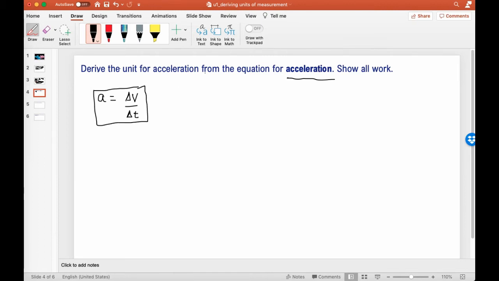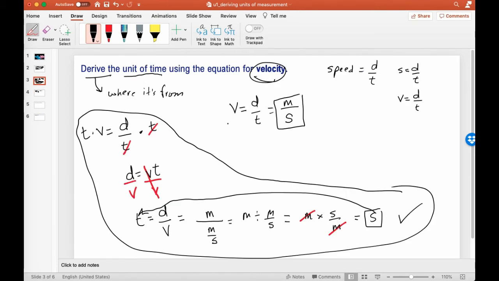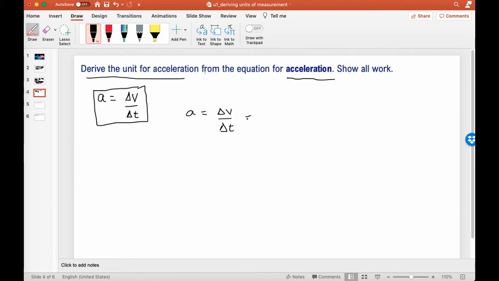Now from this, we're going to derive the unit for acceleration, just as we've been doing all lesson long. Acceleration equals the change of velocity over the change in time. We learned previously that velocity is in meters per second, so our unit is meters per second, divided by time, which is seconds.